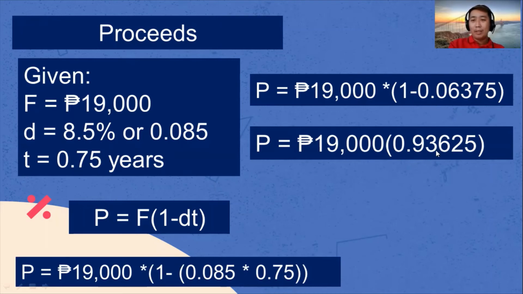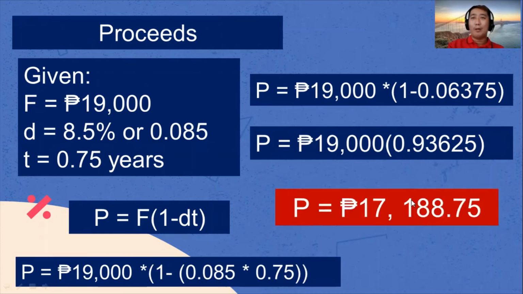Then find the product of 19,000 pesos and 0.93625 to get the value of proceeds. So the value of proceeds is 17,188.75 pesos. That is the amount to be received by the borrower.